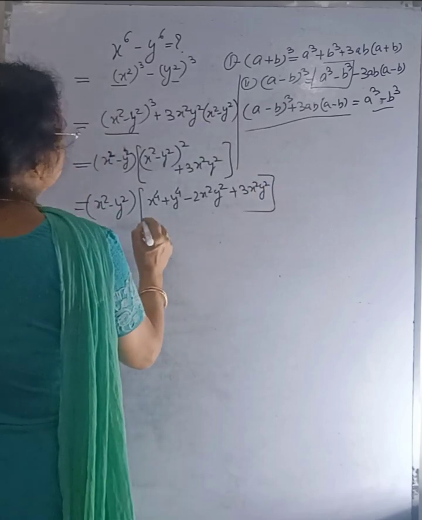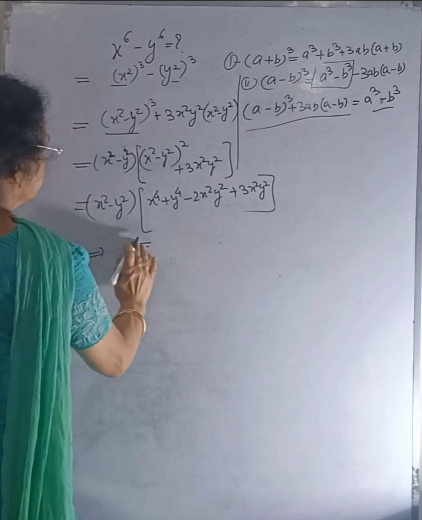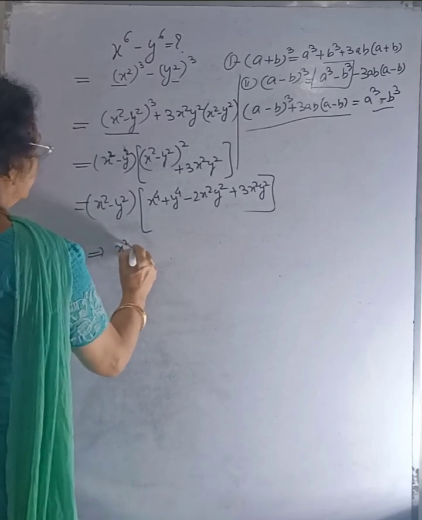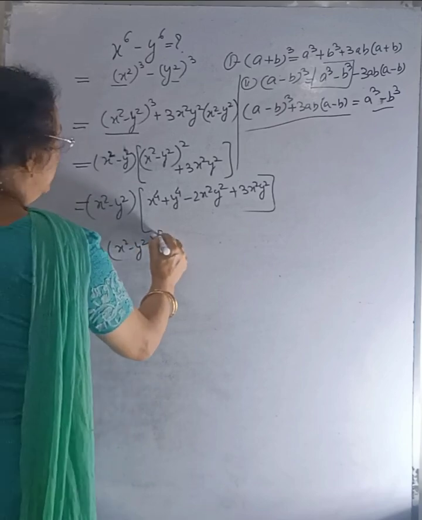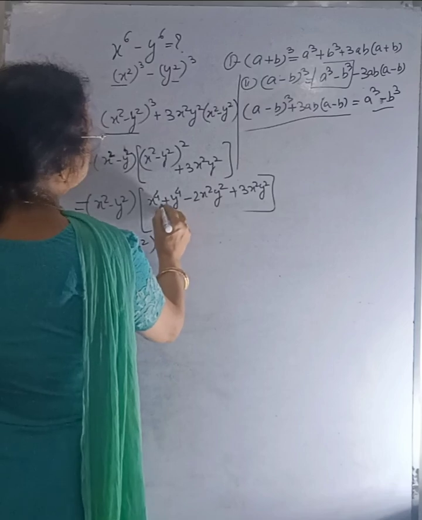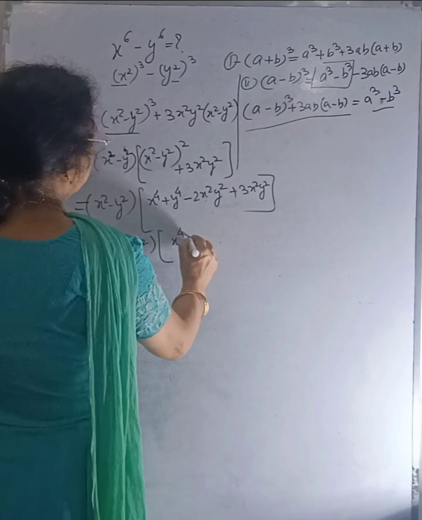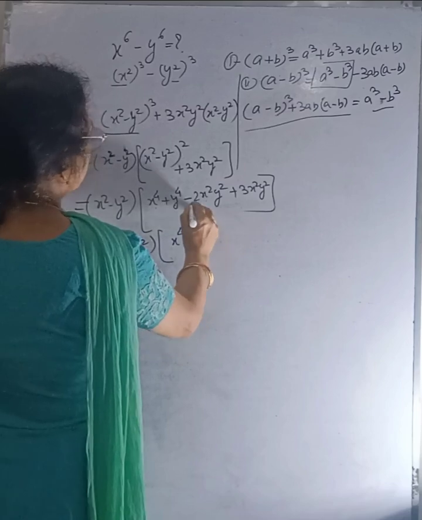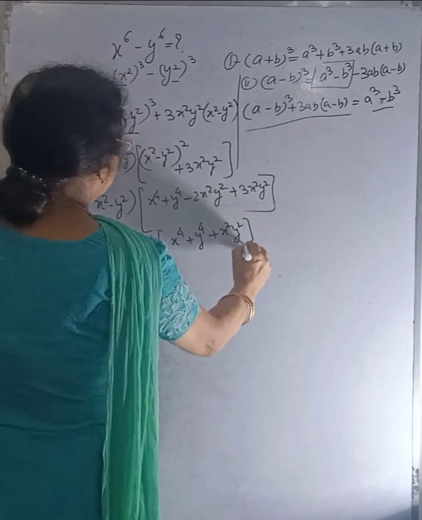This will be equal to x square minus y square into x to the power 4 plus y to the power 4, minus 2 and plus 3 gives plus x square y square. This will be the answer.